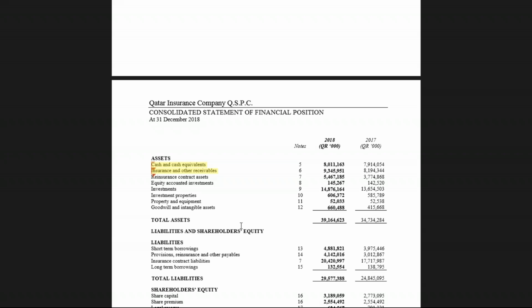Under IFRS 9, we have assets which bring in contractual receivables, and if they don't come in, there would be a contractual loss, right?